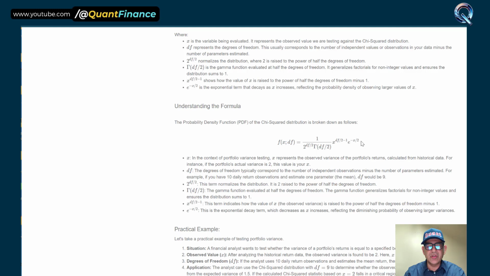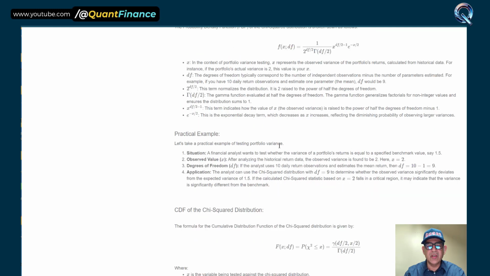So in our finance situation, we are applying the chi-square distribution to test the portfolio variance against, say, a specified benchmark of 1.5.